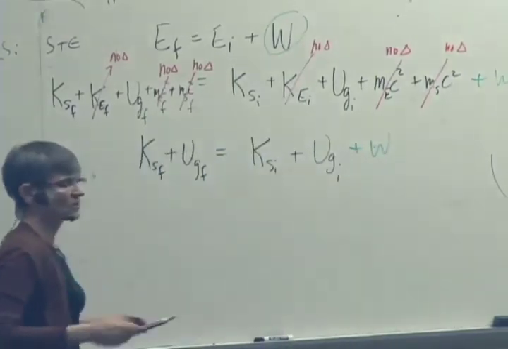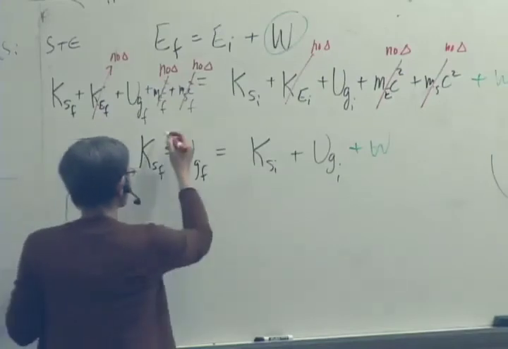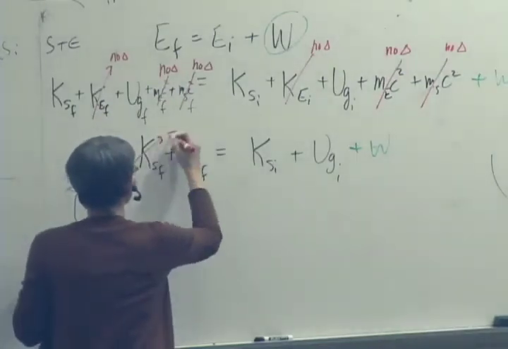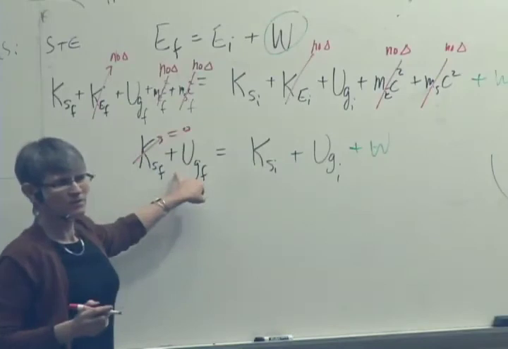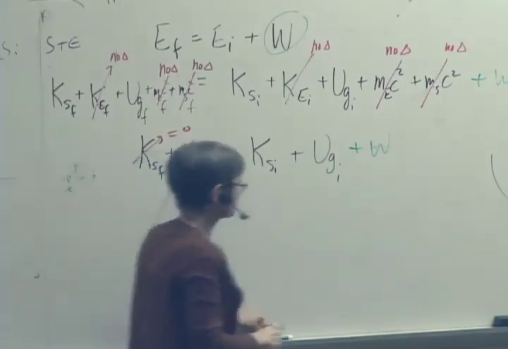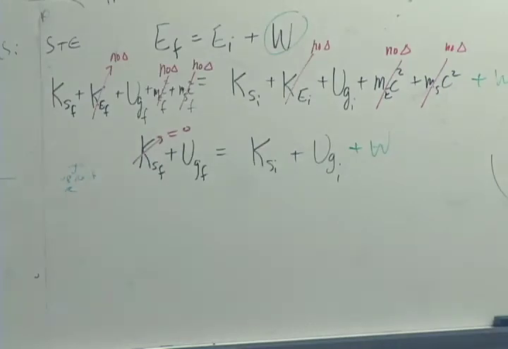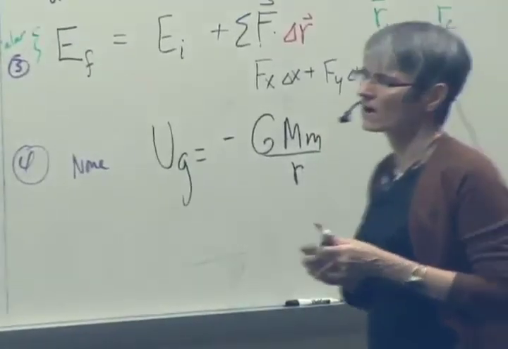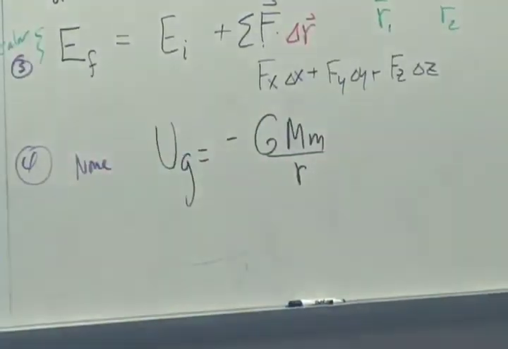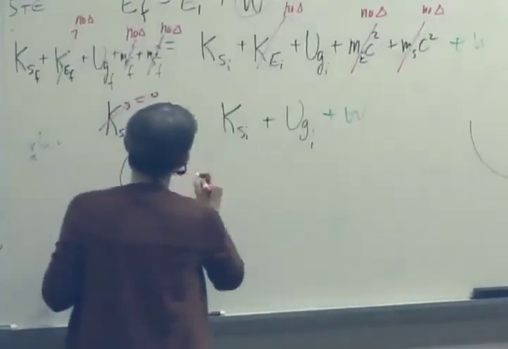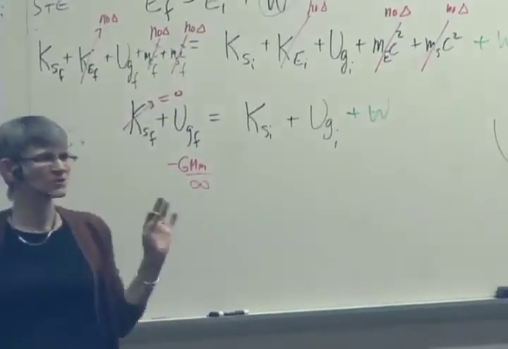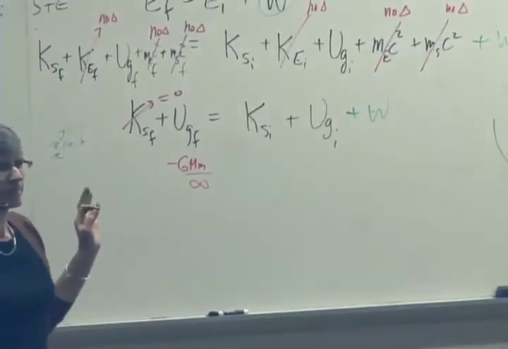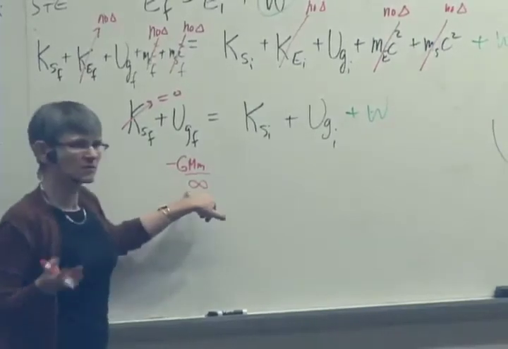Now, are any of these things zero? The satellite is at rest in the final state. What's the equation for gravitational potential energy? It's minus G M1 M2 over R. Here we have minus G M over infinity, basically, or something really big, and that number is close to zero.